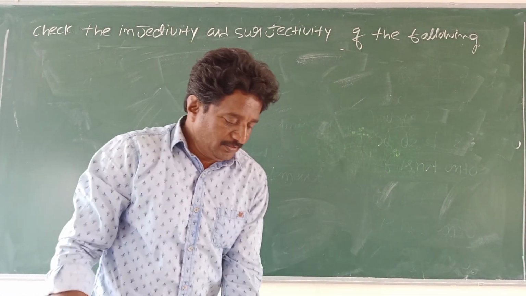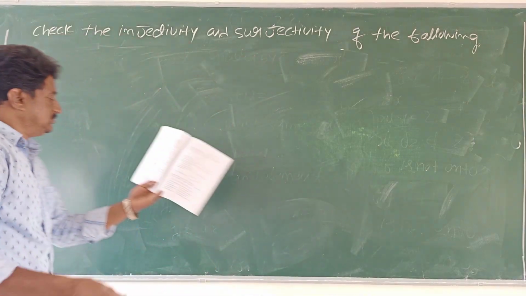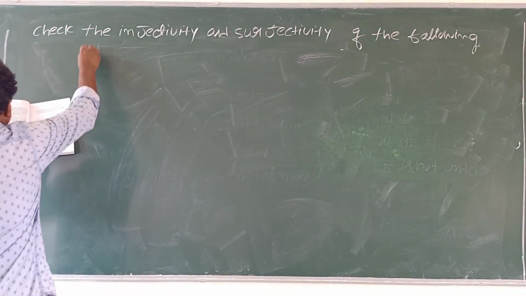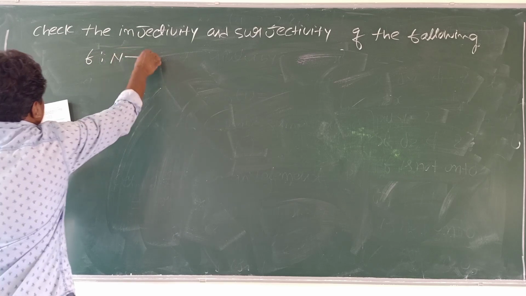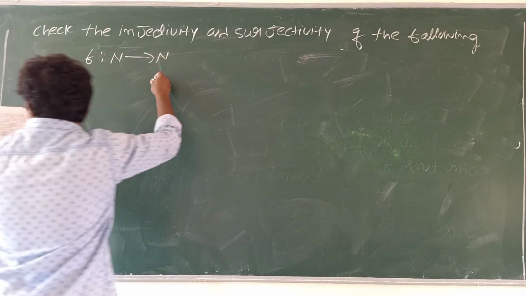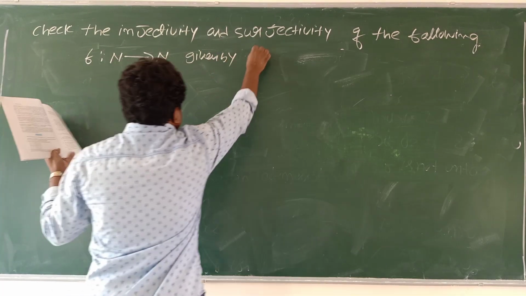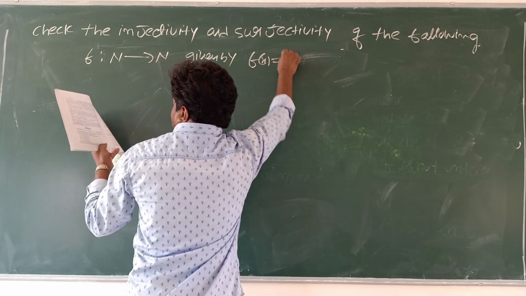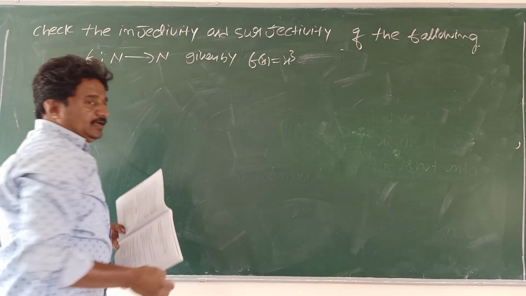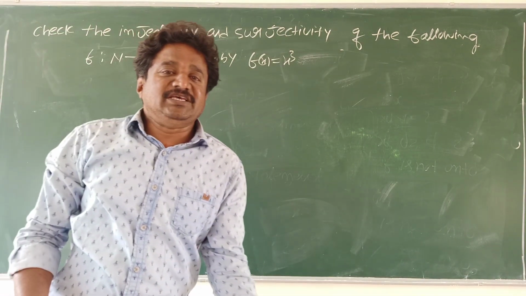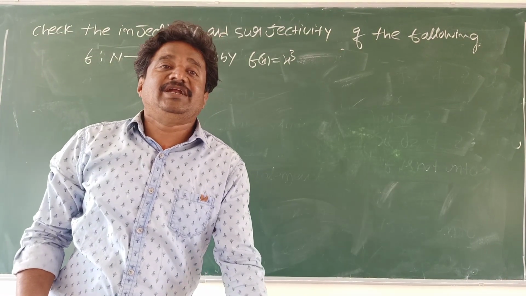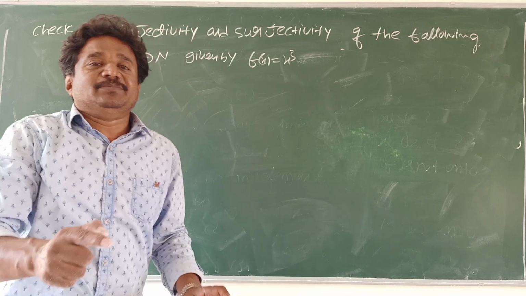Third question: f from N to N given by f(x) equals x cube. Directly by seeing the given question, directly analyze, students, whether it becomes one-one or not.